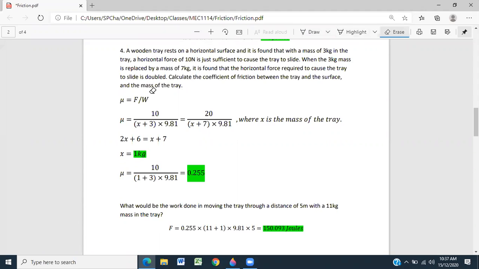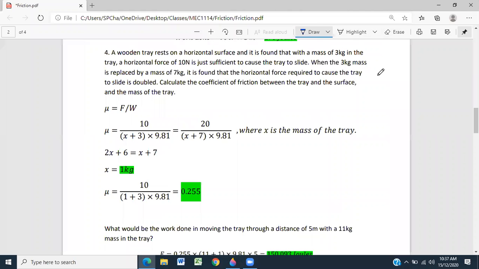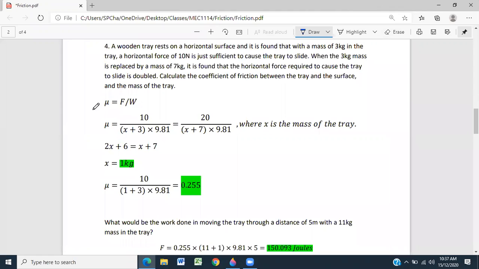So what we need to calculate is the coefficient of friction. Let me zoom in here a little bit. And we have a little formula that we got. But what we notice now is that some tray, which of course has its own weight, and there's a mass resting inside that tray that also has its weight.